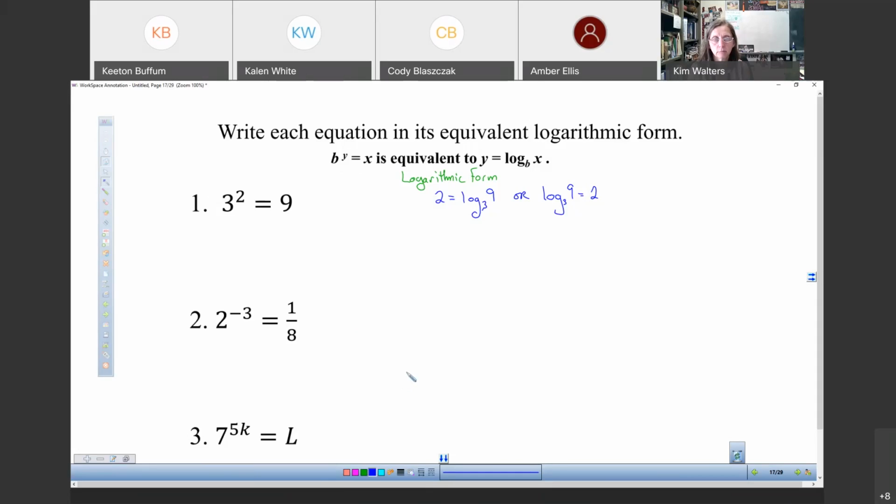Okay, so here we go. I need you to privately chat to me what goes on the side by itself. In other words, what is going to be equal to log something? What's going to go over here by itself?